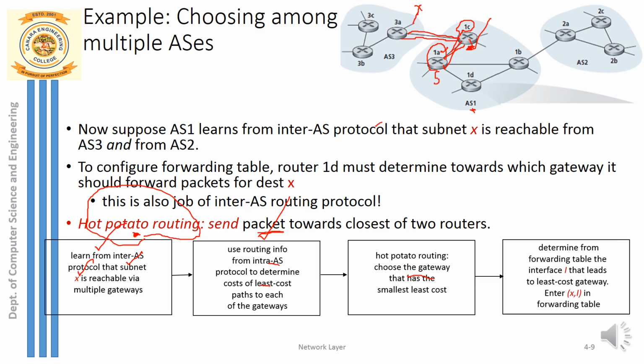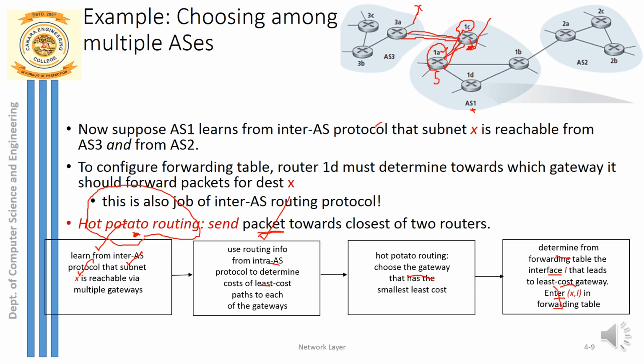The last step is to determine from the forwarding table the interface I that leads to the least cost gateway, or finally you can enter that entry into the forwarding table.